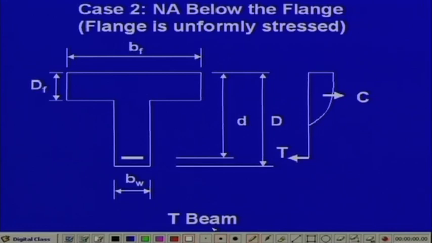When we are considering the flange is uniformly stressed, in that case I can take the web as one part and the flange as the other part. That means the rectangular portion, the web only, and the flange, that I have taken.